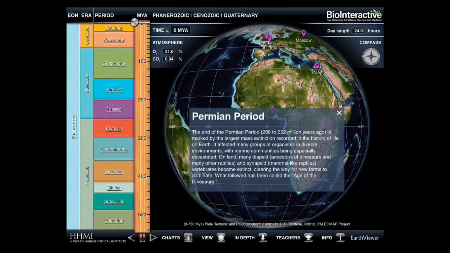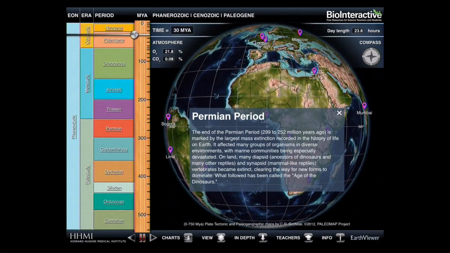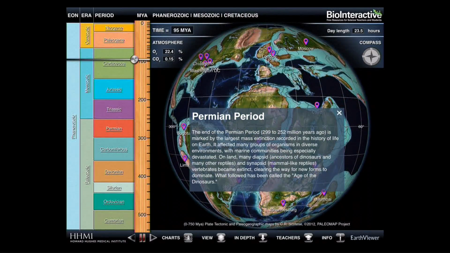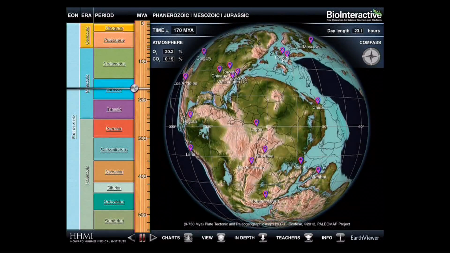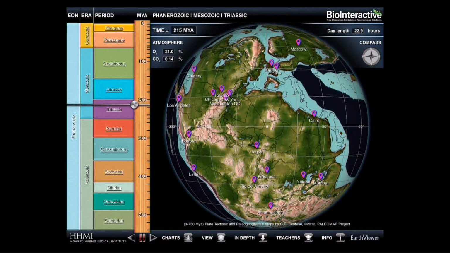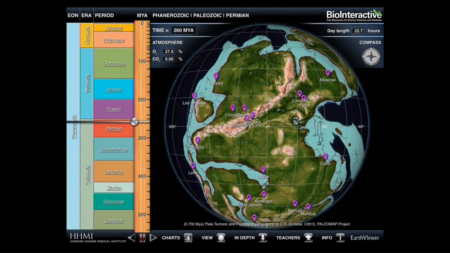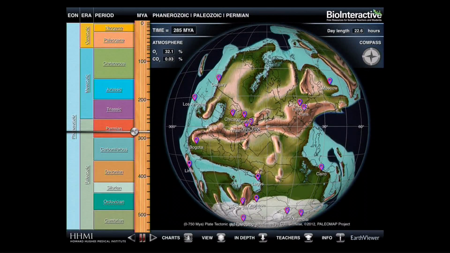Where it gets really cool is when you start to move your timeline through the different geological time periods, and you can start seeing what the Earth looked like at that time period. You can see the supercontinents, which I didn't know there were so many.